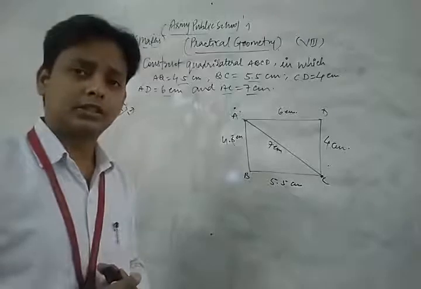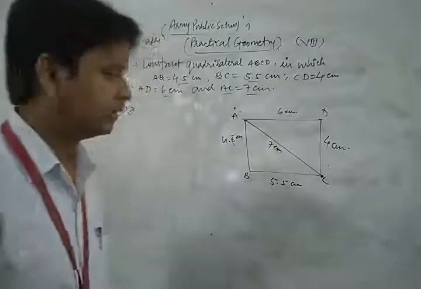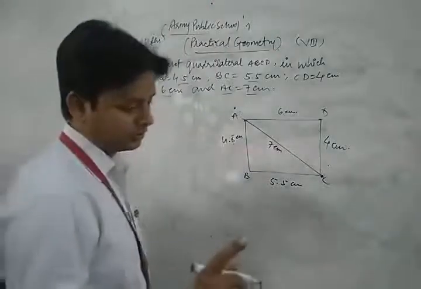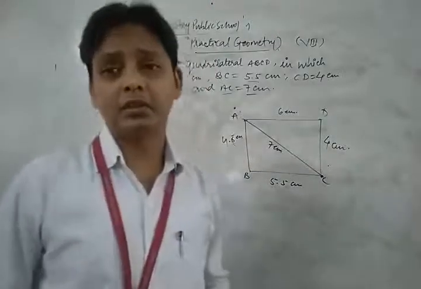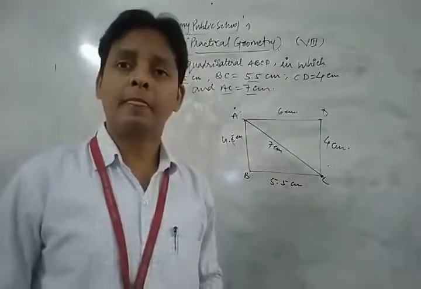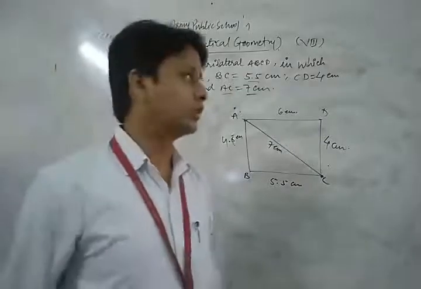Now we construct it in a very systematic manner. In construction, dear student, please write your steps of construction. Without the steps of construction, your answer is incomplete. Okay, now let's see.